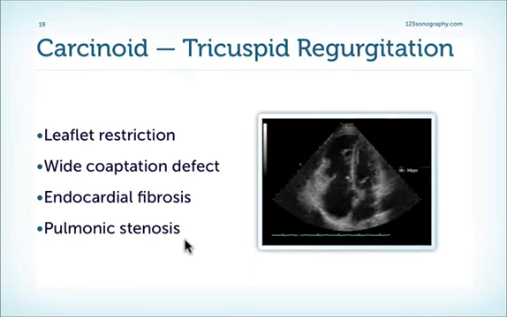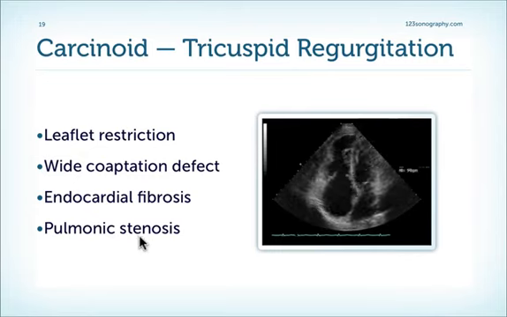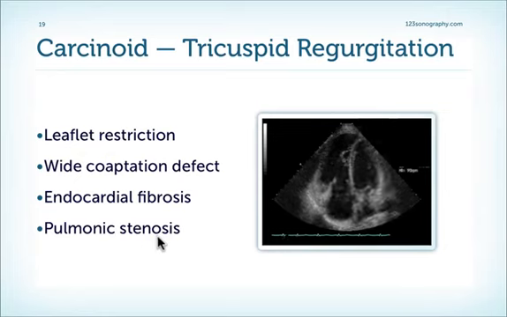So in summary, the typical features of carcinoid heart disease are leaflet restriction, a wide coaptation defect with severe tricuspid regurgitation, endocardial fibrosis, and on the pulmonic valve, we usually or more frequently see stenosis. The picture is sometimes so typical that we can make the diagnosis of carcinoid syndrome just based on the echo. We've done that on several occasions.